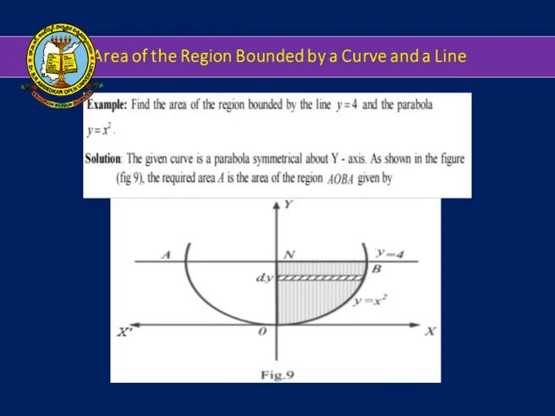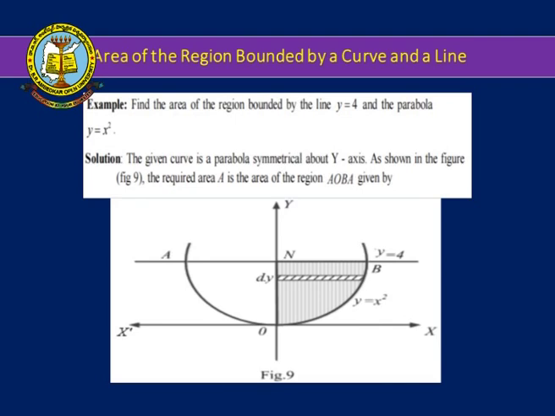Now AOBA is the total area of the region for the given parabola, symmetric about the y axis, bounded by and touching the line y equal to 4. That is the figure we can clearly identify.